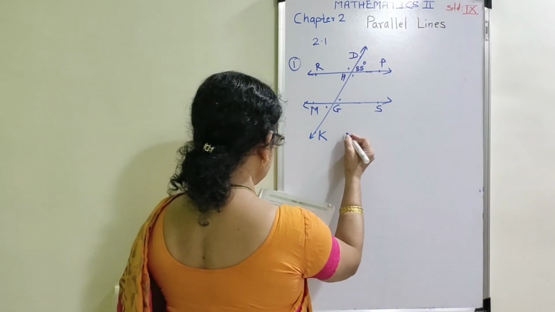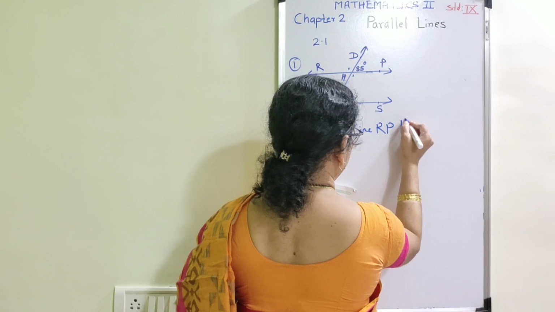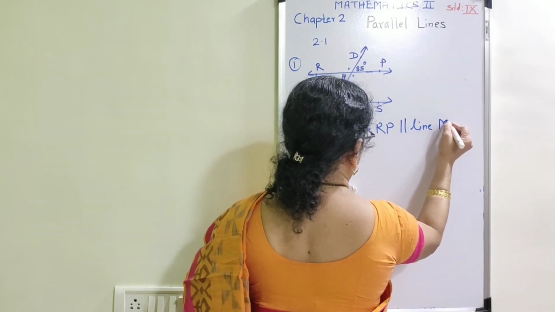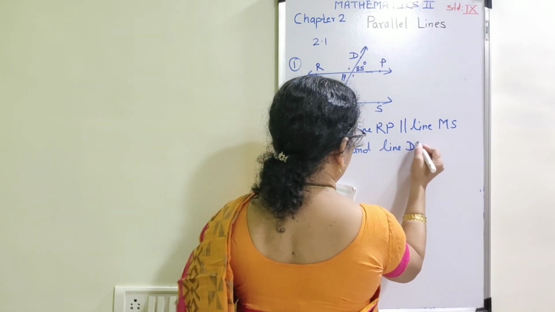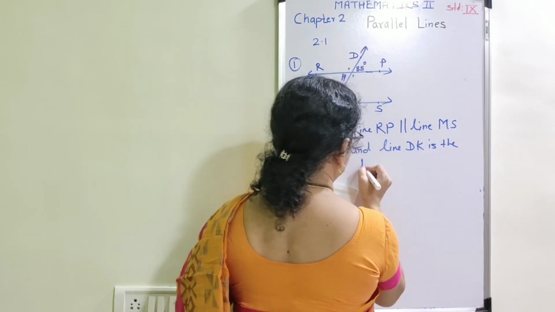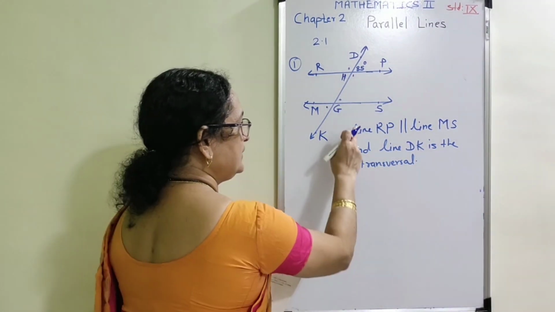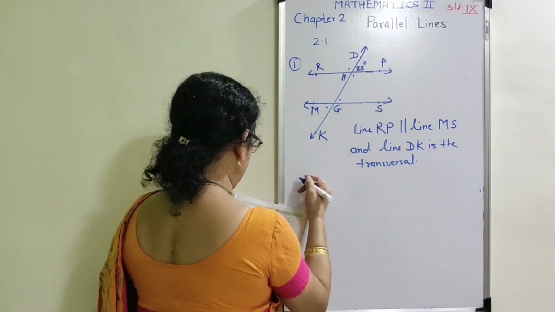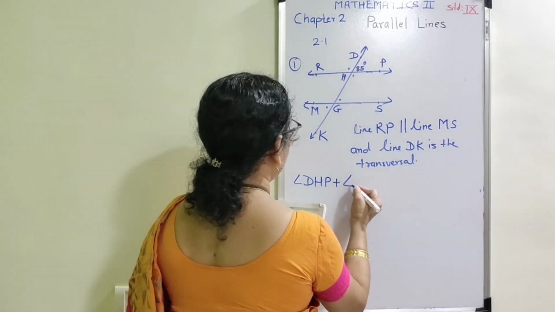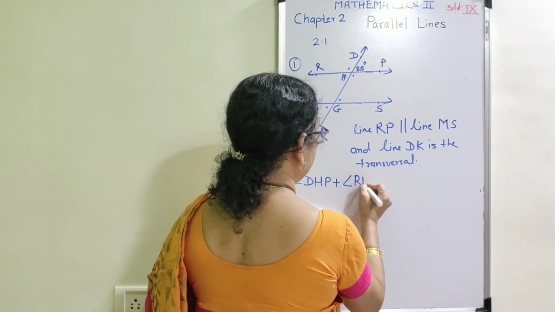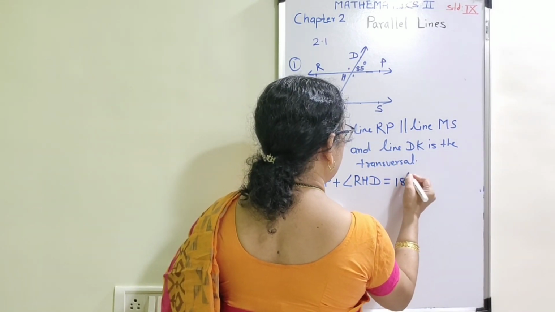Now write down the given things. Line RP is parallel to line MS. This is the first given thing. And line DK is the transversal. Now first, you are going to write angle DHP plus angle RHD, I am going to use the same names which are given, is equal to 180 degrees.